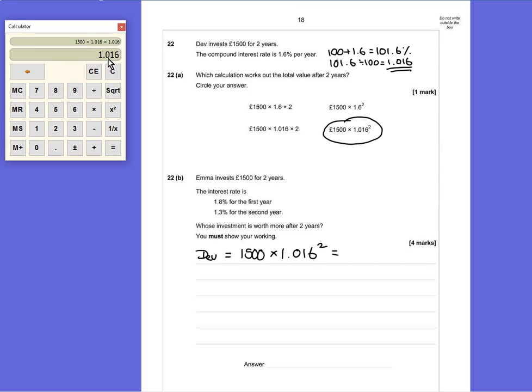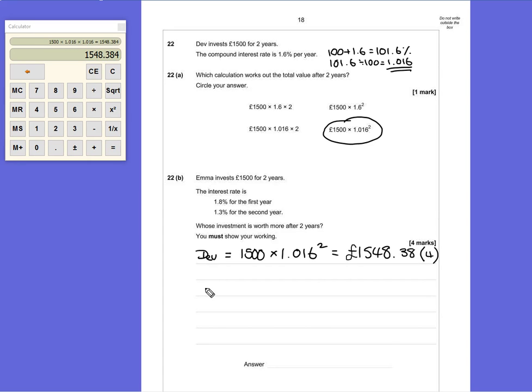It's the same as saying squared, but on a calculator like this, sometimes the square value could square the answer rather than the number I'm trying to actually use. Pressing equals would give Dev a total of £1,548.38p with a 0.4 left at the end. I'll just put that in brackets in case it becomes relevant.